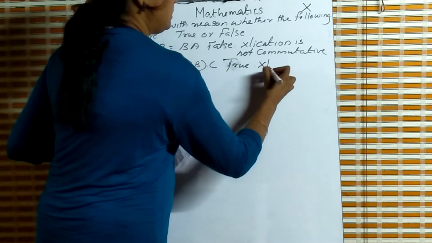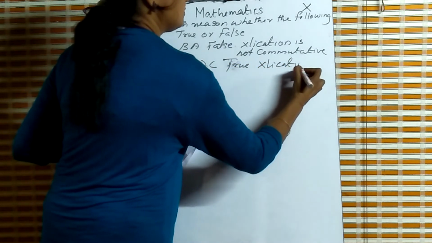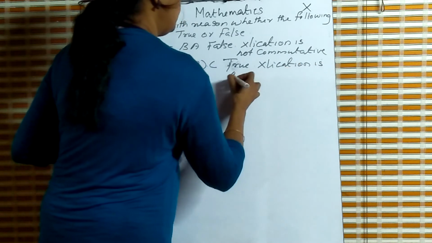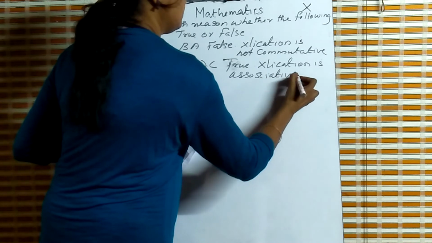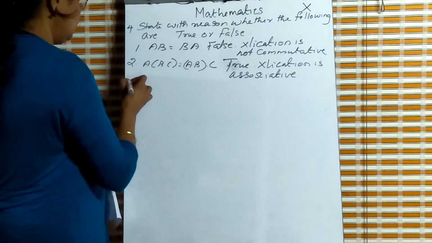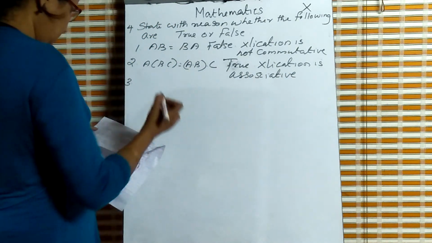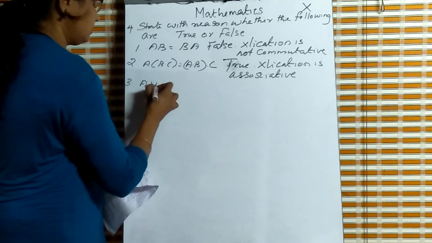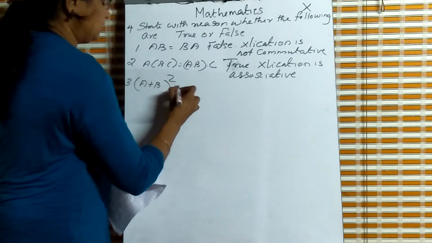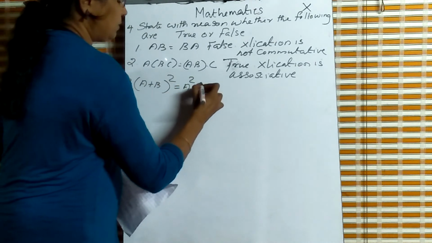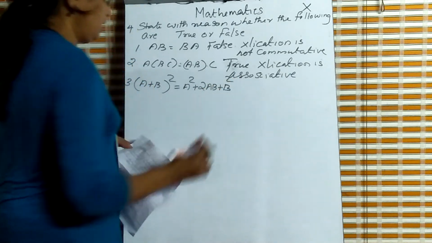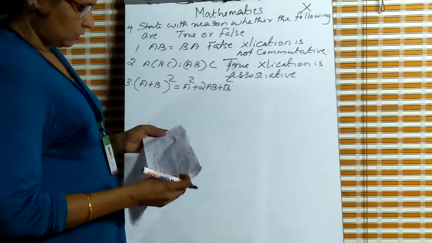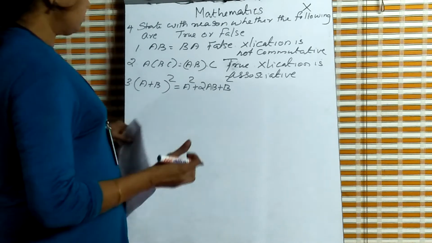Reason: multiplication is associative for matrices. Then third: A plus B whole square is equal to A square plus 2AB plus B square.